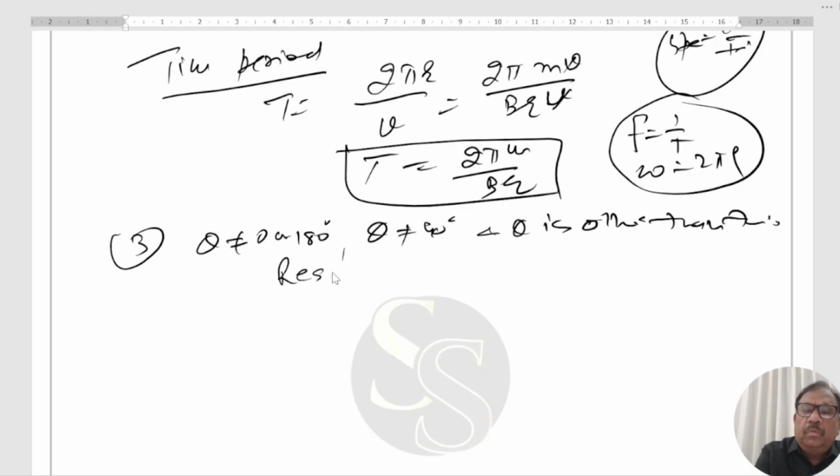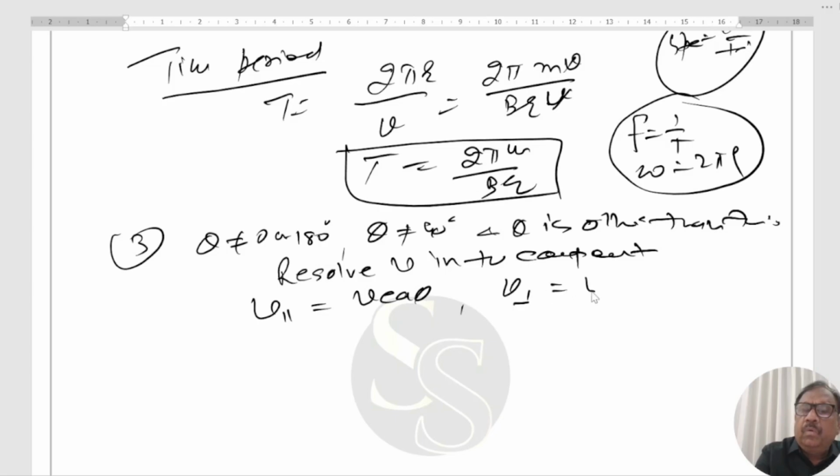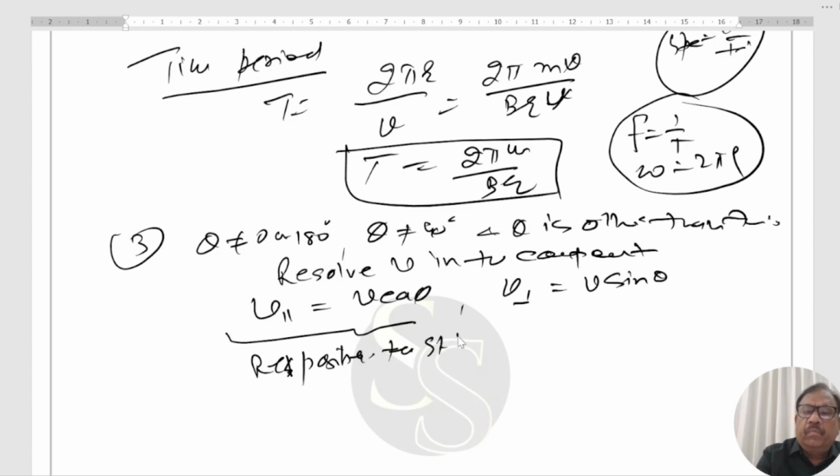Resolve velocity into two components. One is V parallel to the magnetic field, V cos theta, and one V perpendicular, V sin theta. Right? This component is responsible for straight motion.